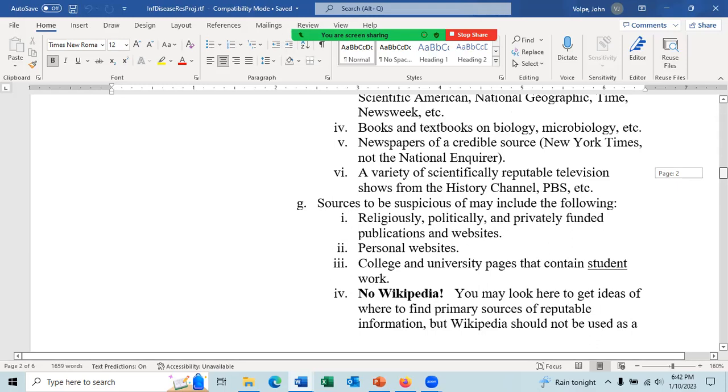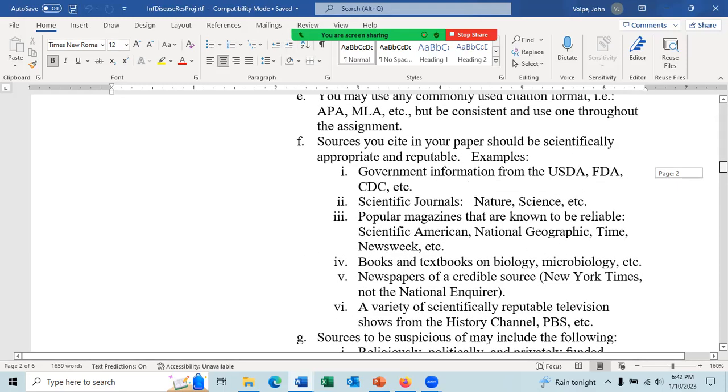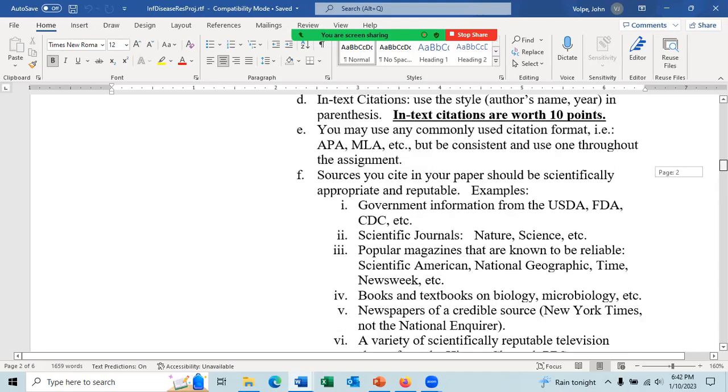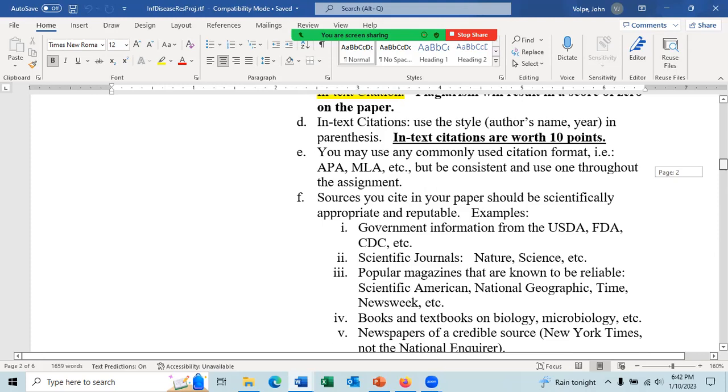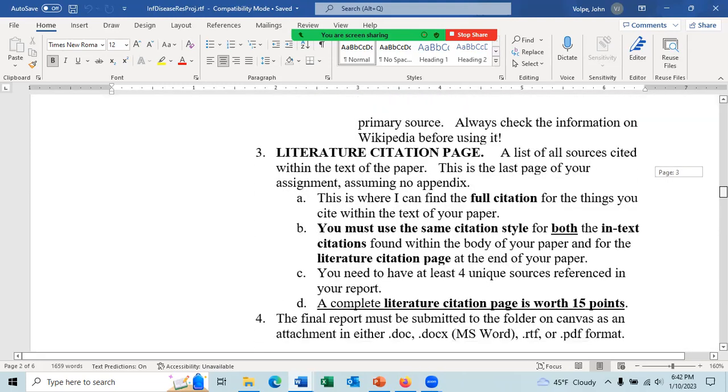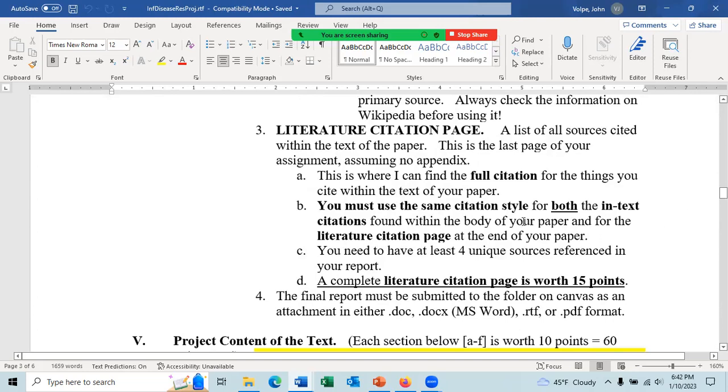And you need 4 sources which are reputable, okay? And where do I say exactly 4 sources? You should have a literature citation page, which gives the full citation.